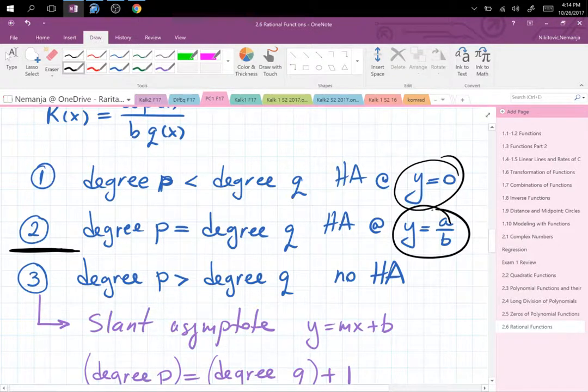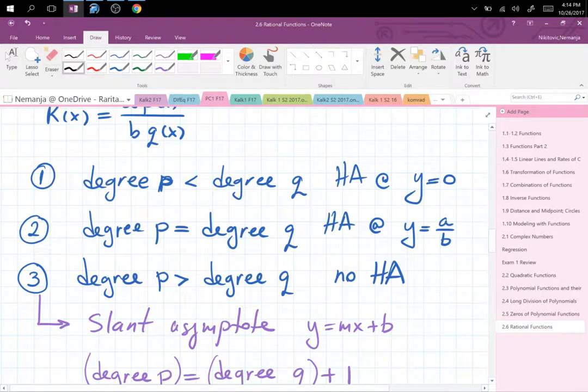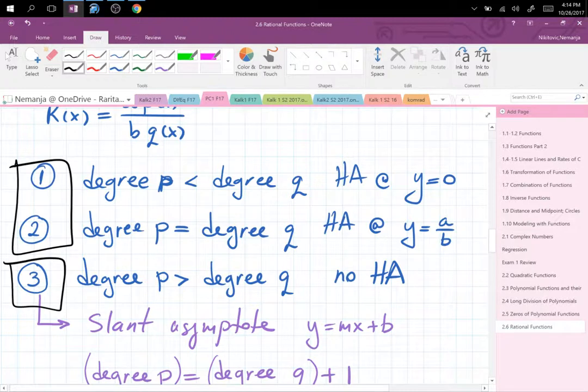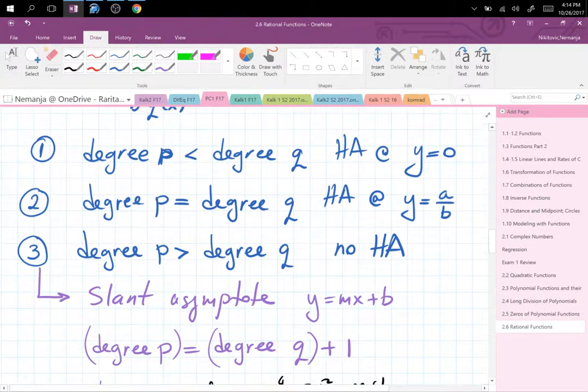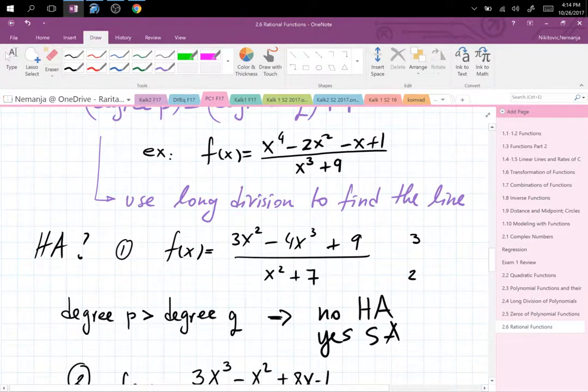And over here, no horizontal asymptote, and that's where the slant shows up as a subcase. So we see in the rules that it's one or the other. You either have a horizontal asymptote or you don't, and slant asymptote is the subcase where you don't have horizontal.